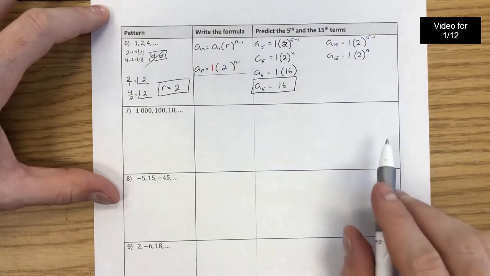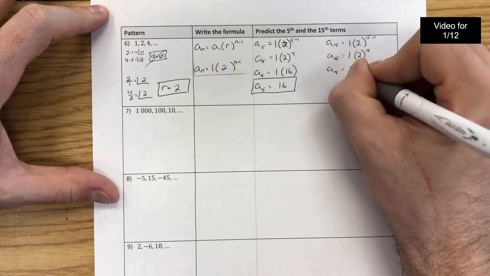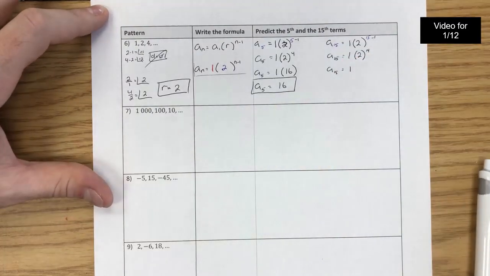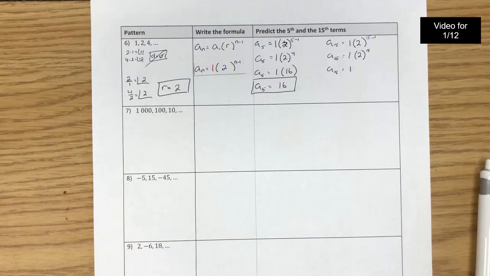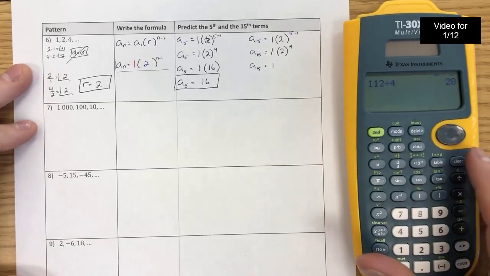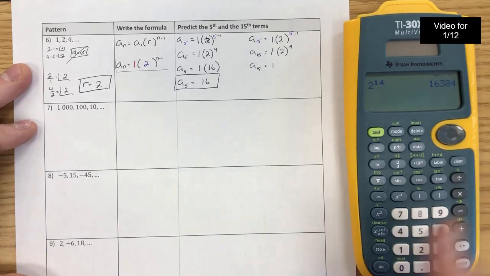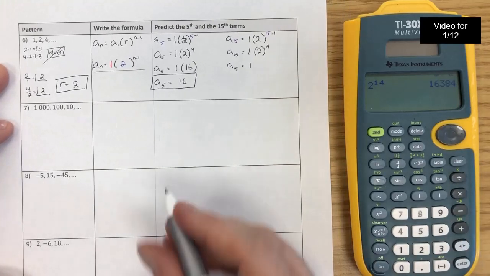Okay? And so you may want to bust out a calculator on this one. Let's see, we have 2 to the power of 14, which is going to give us 16,384.